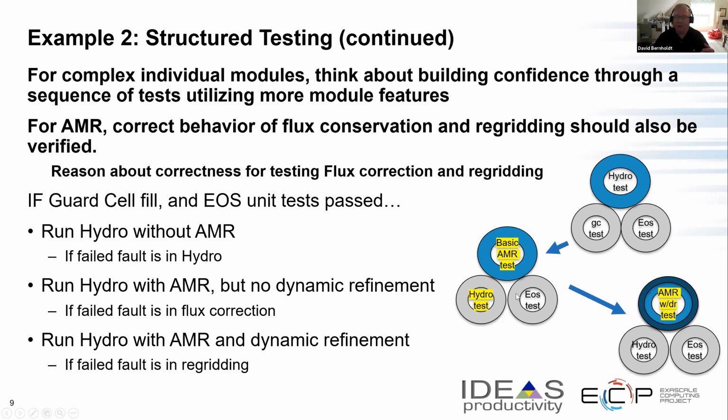If this test fails, then there's a problem with the flux correction algorithm. And if this test fails, then we would find the fault to be in the regridding capabilities. So even within a complex module, you can layer these ideas up by incrementally enabling the more advanced functionality.